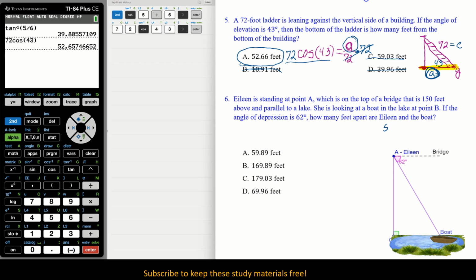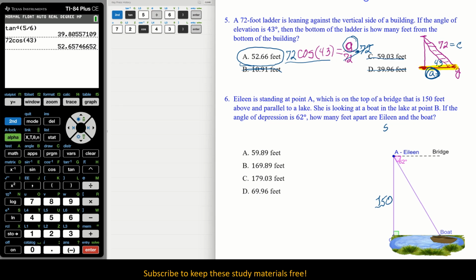So the bridge and the lake are parallel, and there's the boat down there in the lake. So this is the 150 feet. They're parallel, and the 150 is the shortest distance to the ground.